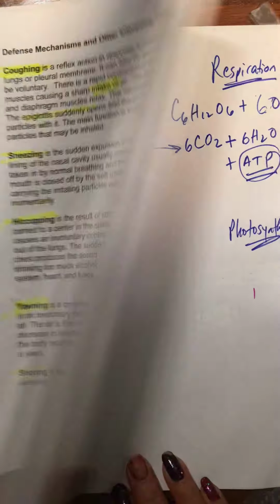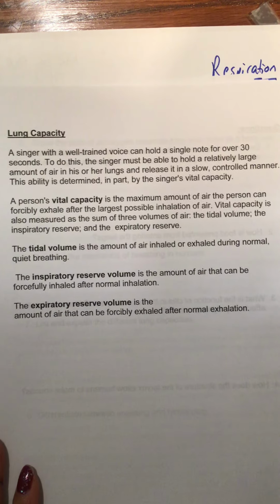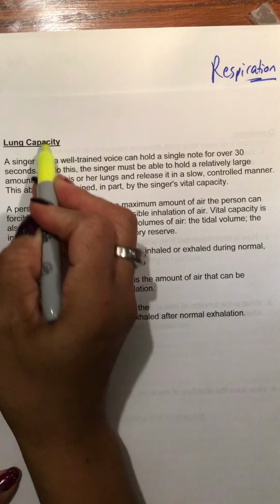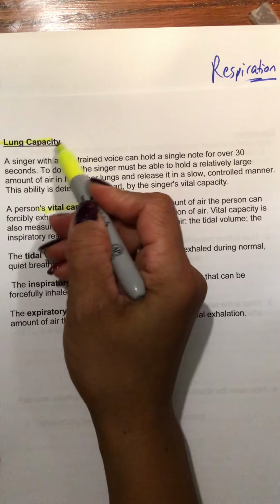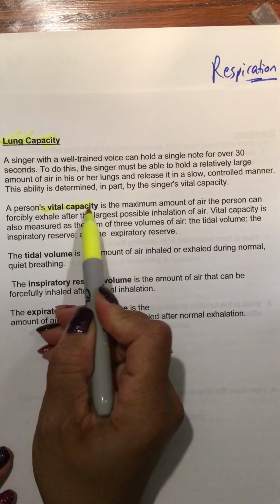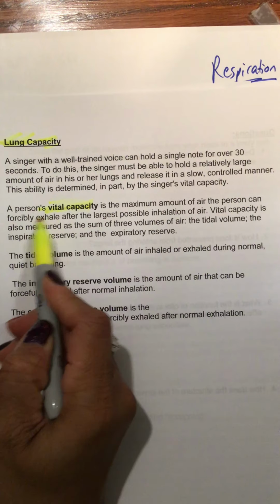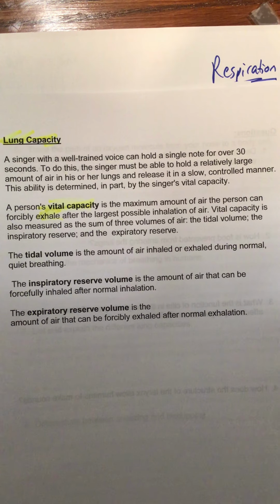Now, okay, now we talk about lung capacity. So some terms that we need to know about the capacity of your lungs to hold air in. One is called the vital capacity. This is the maximum amount of air a person can forcibly exhale after the largest possible inhalation of air.